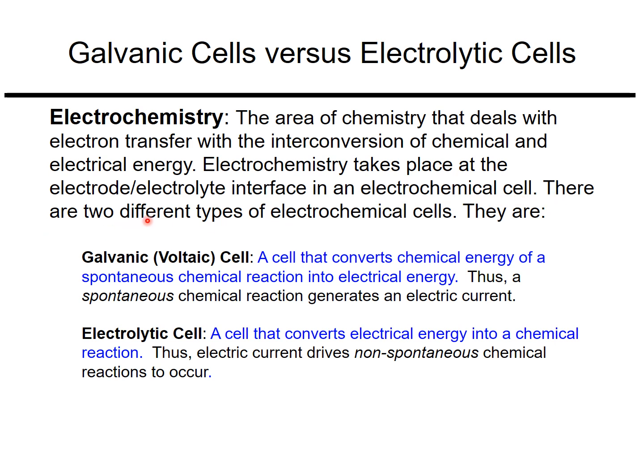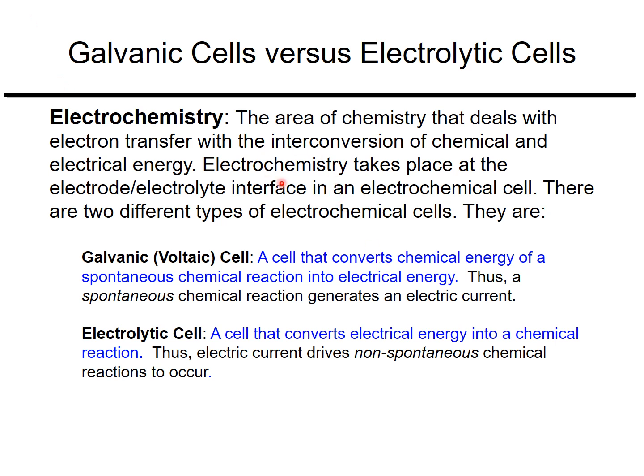There are two different types of electrochemical cells. Okay, you can find very important keywords in electrochemistry in this text. So electrochemistry is the chemistry, of course, and electron transfer is another important keyword, and there is some interconversion between chemical energy and electrical energy.